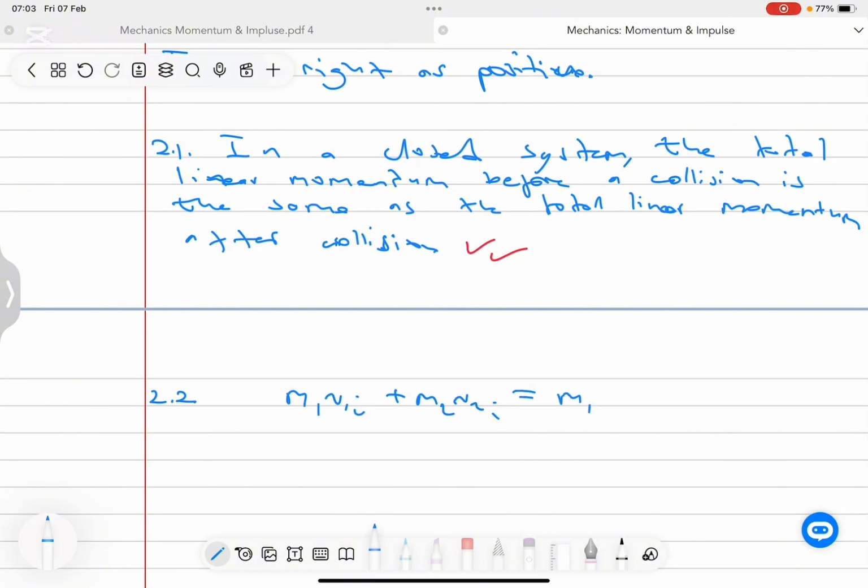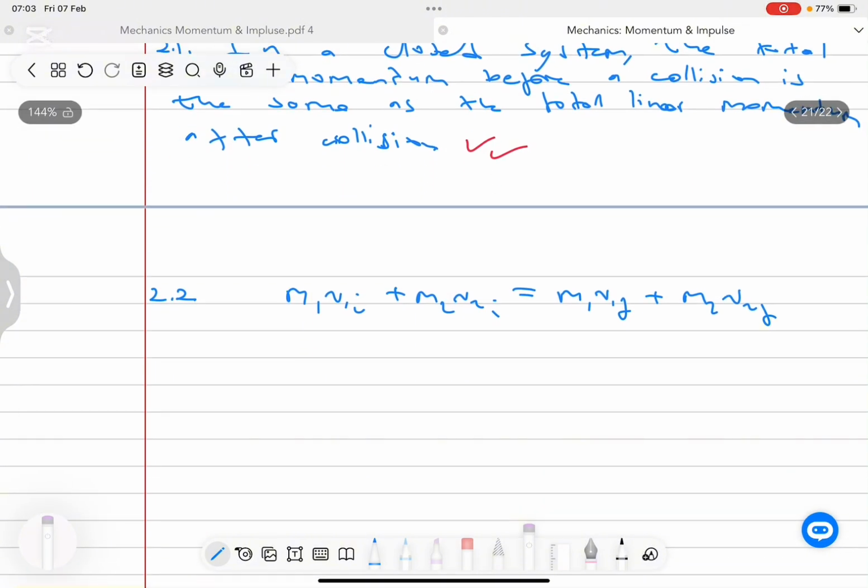It has to be the same as m1 v1 final, the momentum of the first object final, not initial, plus m2 v2 final, the momentum of the second object final. So this is the total linear momentum after collision. We're saying the 2 momenta should be the same before and after collision. Because the system is isolated, it's a closed system, there are no net external forces acting in the system.